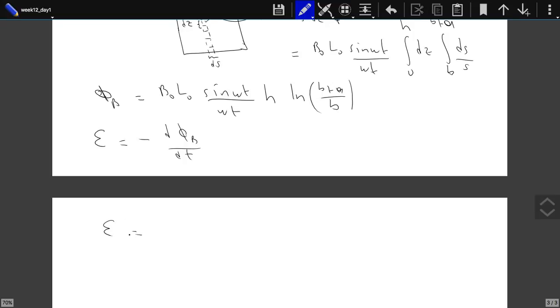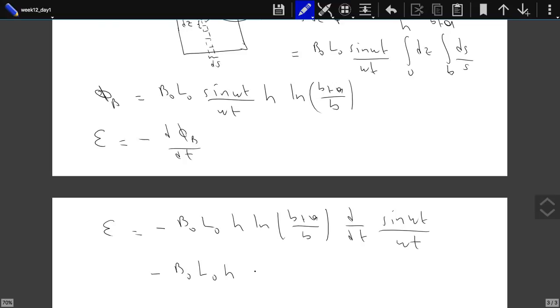So the EMF will be minus b0 L0 h logarithm of b plus a over b, d by dt of sine omega t over omega t, minus b0 L0 h sine omega t over omega t, d by dt of logarithm of 1 plus a over b.